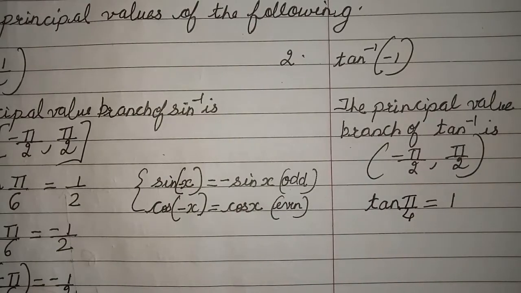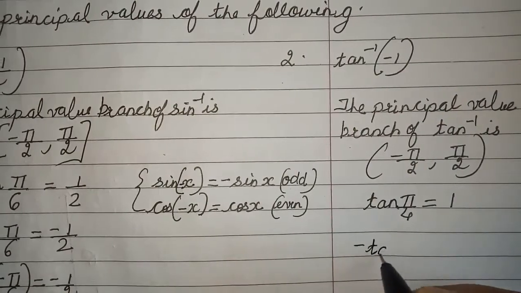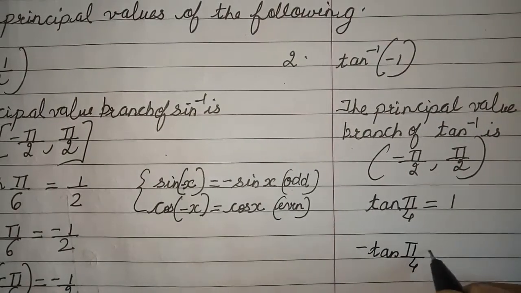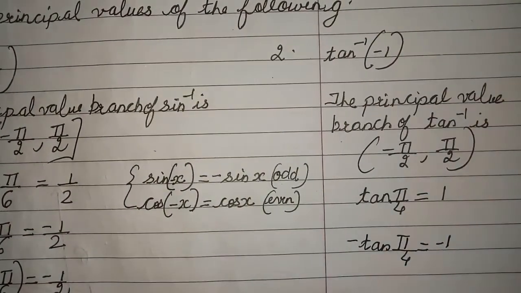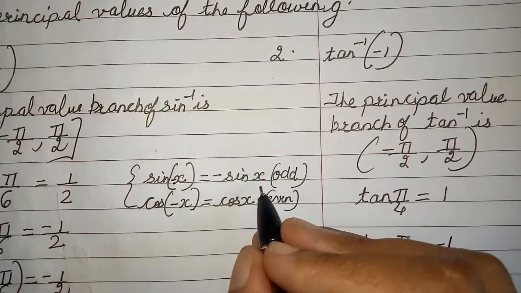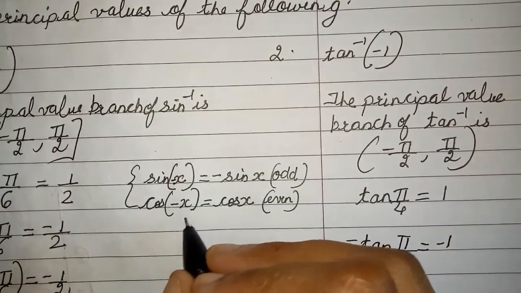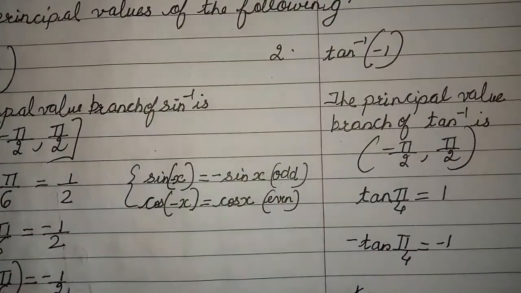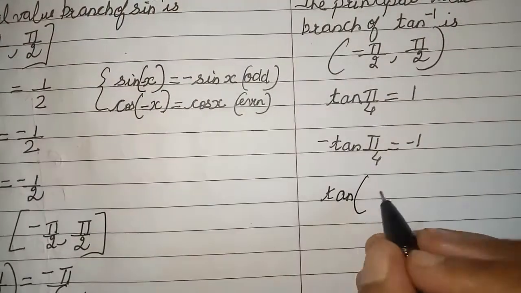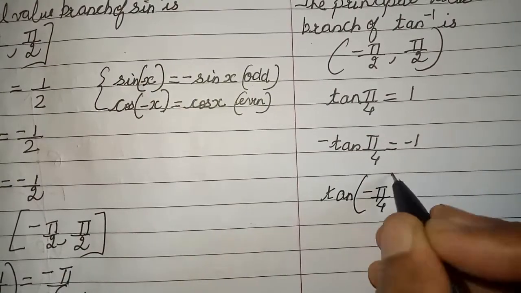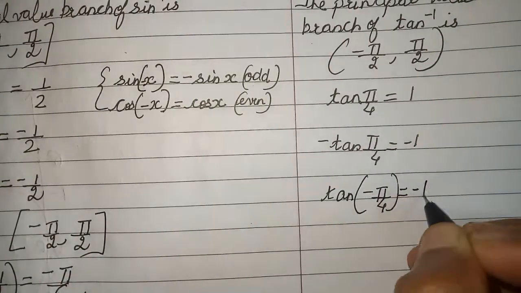Now you know that tan of pi by 4 is 1, but I want minus 1 in the question, so I am going to multiply by minus 1 on both sides. Now tan is again an odd function, because it is sine by cos. Tan of minus x will be minus tan x, which is odd. So this is going to be tan of minus pi by 4 is equal to minus 1.